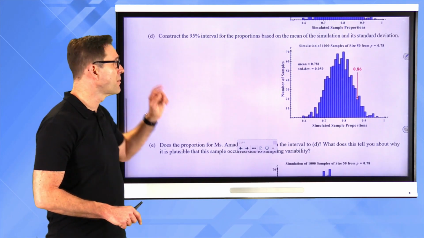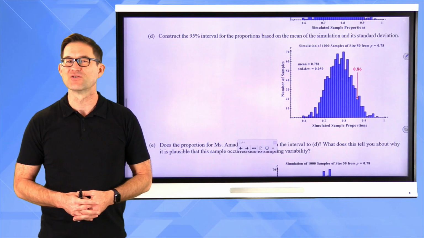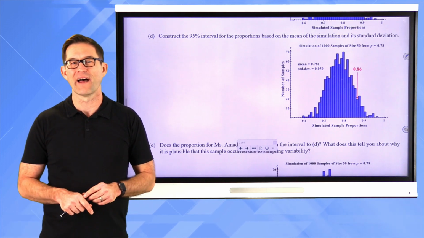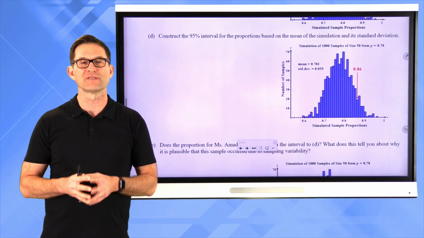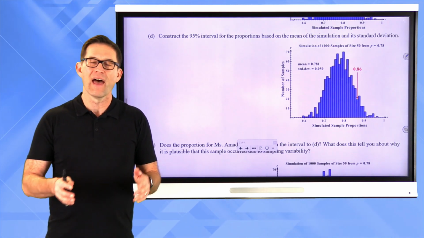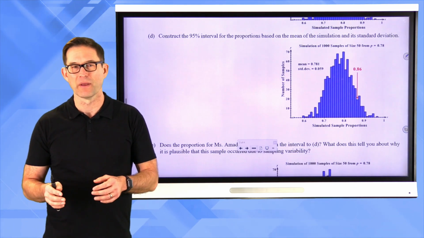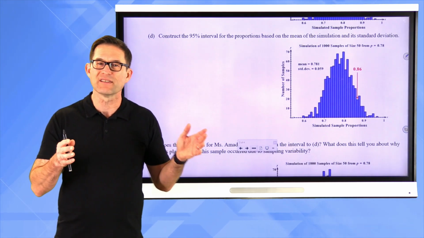So let's now talk about letter D. Construct the 95% interval for the proportions based on the mean of the simulation and its standard deviation. Well again, this is right from what we did in our last lesson, except in our last lesson we took the mean of our simulated sample means and the standard deviation of our sample means, and we added 2 of them and we subtracted 2 of them. Here we're going to do exactly the same thing.